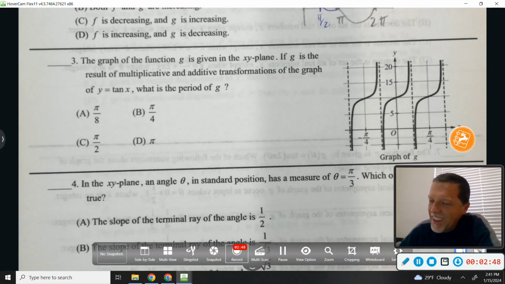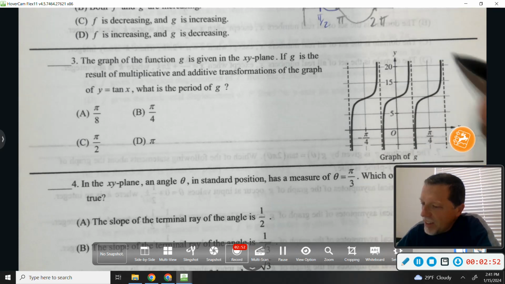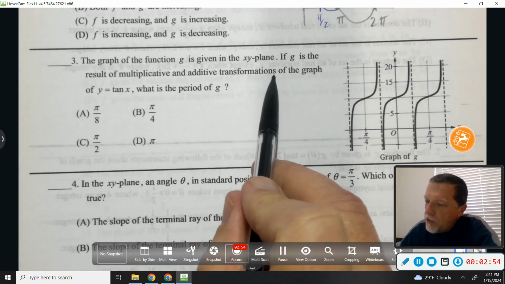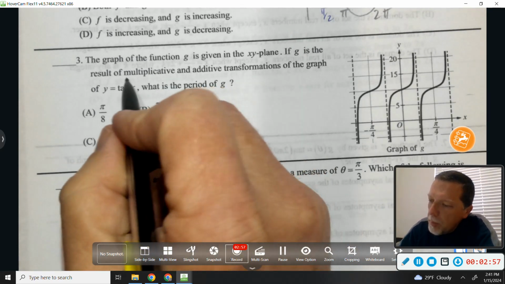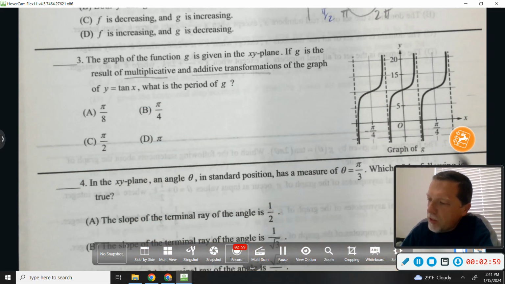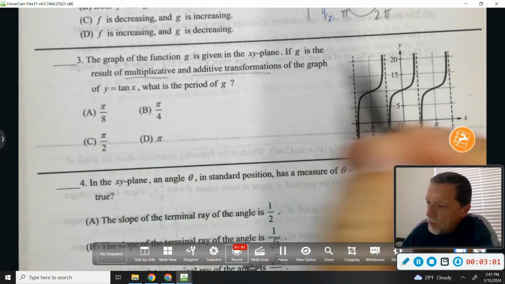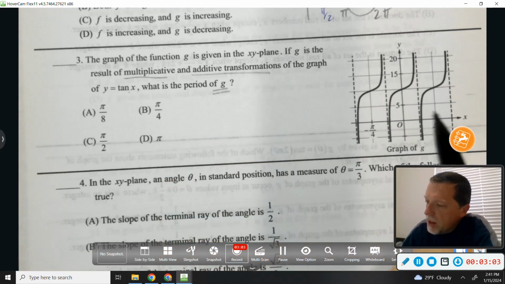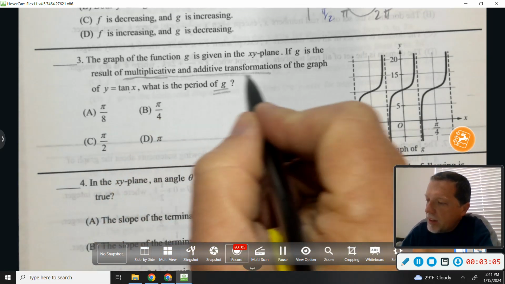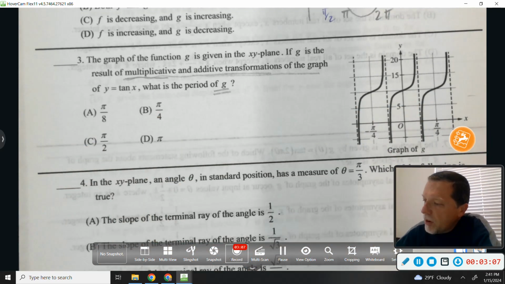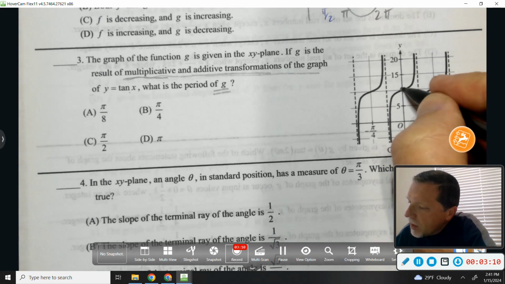Number 3. The graph of the function g is given in this xy plane, so that looks like a tangent. If g is the result of the multiplicative and additive transformations of the graph of tangent, what is the period? The period is how often it starts over. This one. This one.